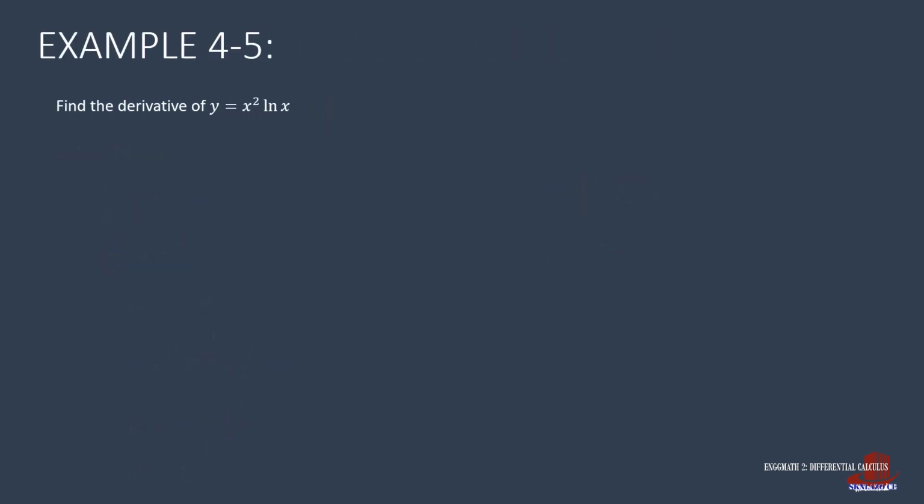Example 4 has the equation y is equal to x squared times ln x. Just for you not to get confused, check out that the term with ln is only a simple x. So the function's derivative can be solved by the conventional method, starting with the product rule. Y prime is x squared times the derivative of ln x plus ln x times the derivative of x squared.